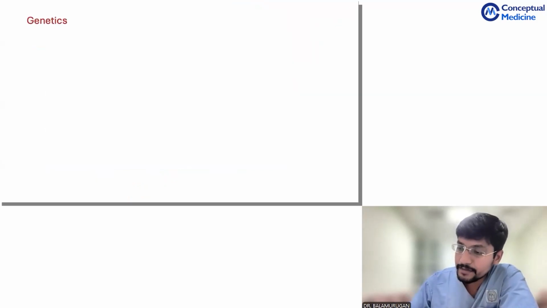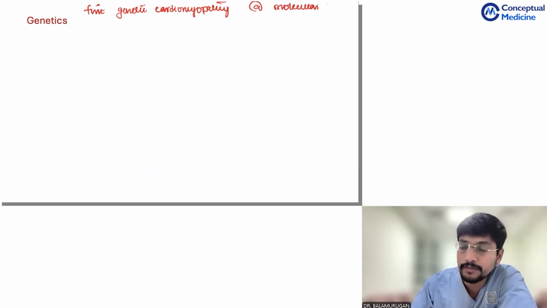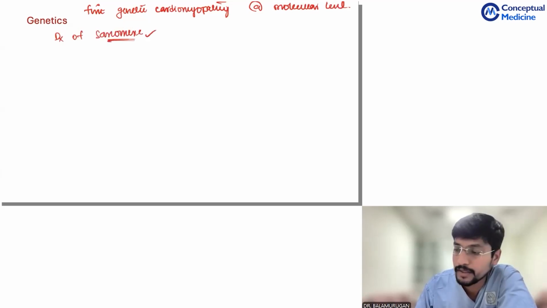Moving on to genetics, this is the first genetic cardiomyopathy that is studied in detail at the molecular level. It is a disease of the sarcomeres. 50% of patients have a sarcomere mutation.